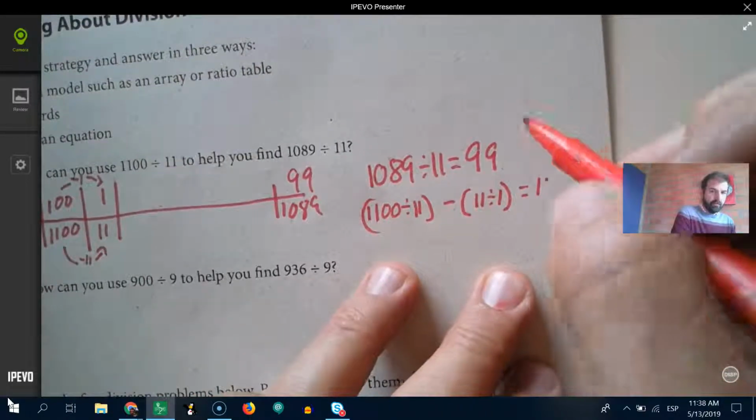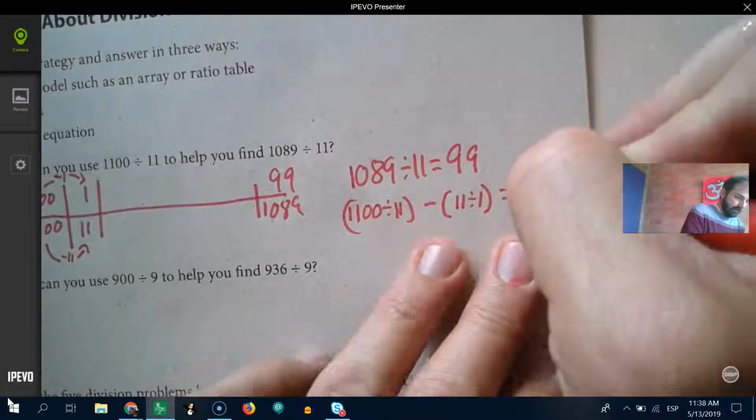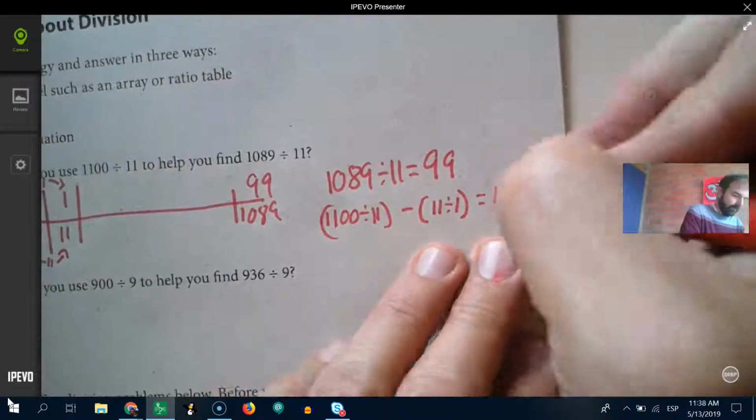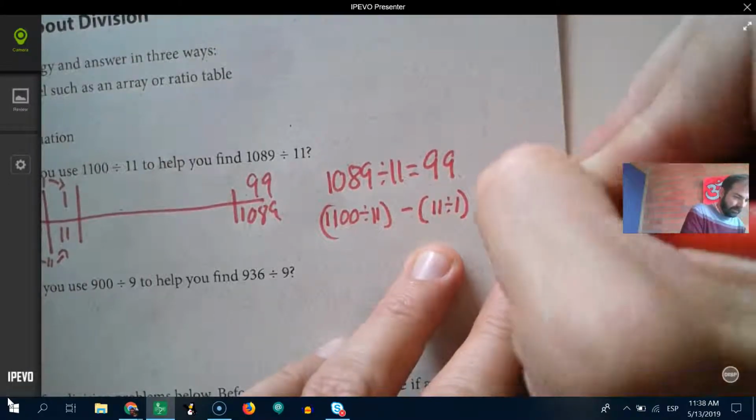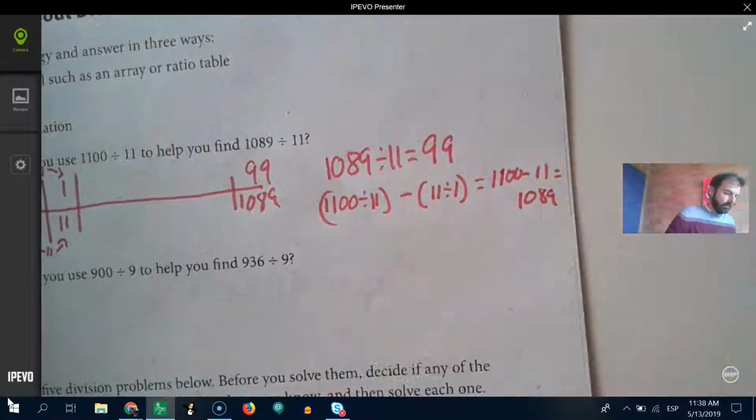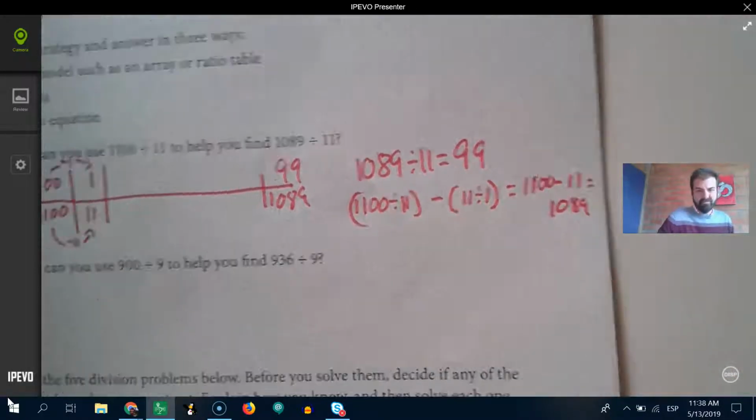Yeah, that works, because 11 divided by 1 is 11. So that would be 1,100 minus 11, which is equal to 1,089. So something like that.